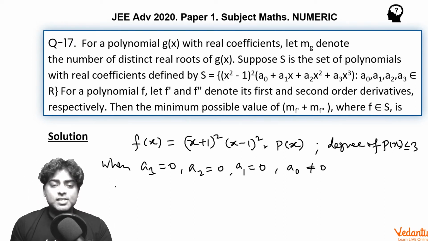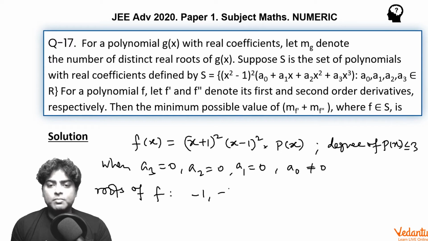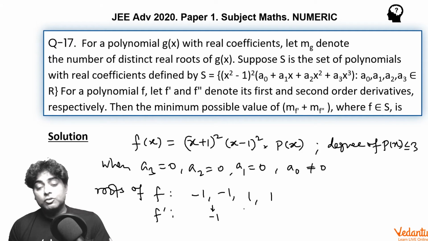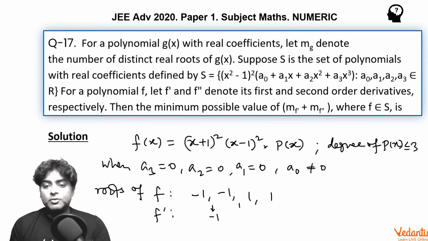So in that case, the roots of f will be like minus 1 is a repeated root, 1 and 1. According to Rolle's, f dash will have at least one root between minus 1 and 1. As minus 1 is the repeated root of f, minus 1 will also be a root of f dash. Between minus 1 and 1 there will be some root alpha, and 1 is also a root for f dash.